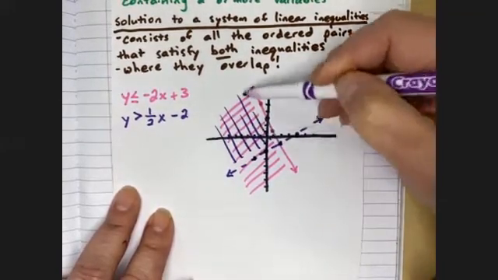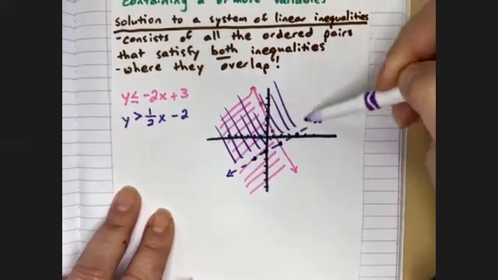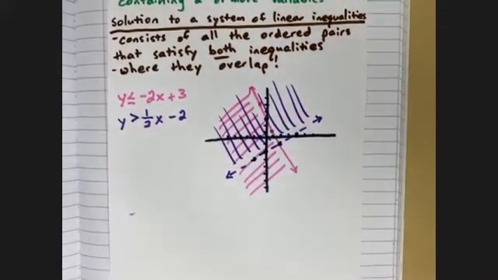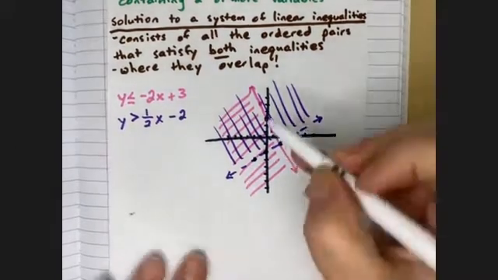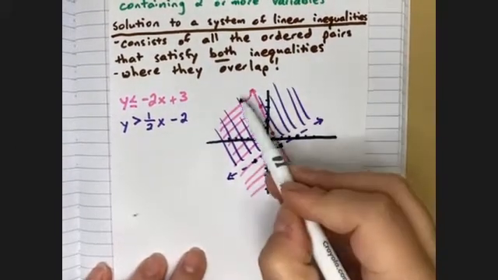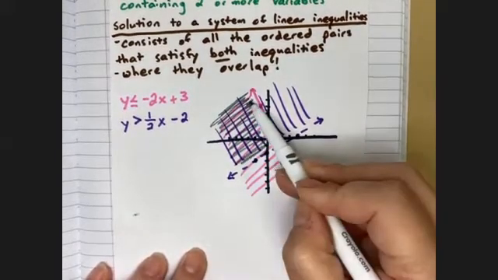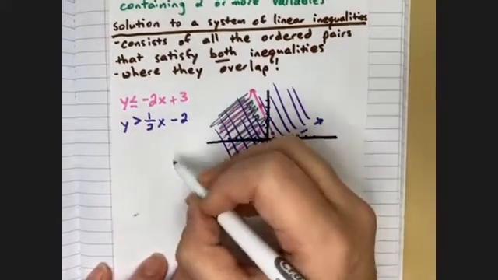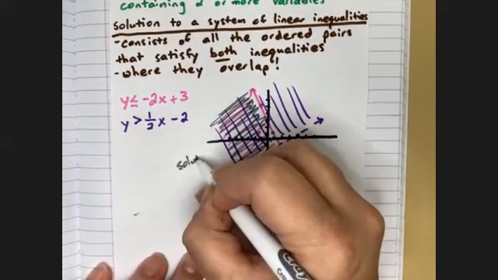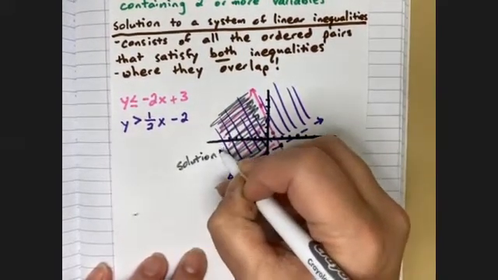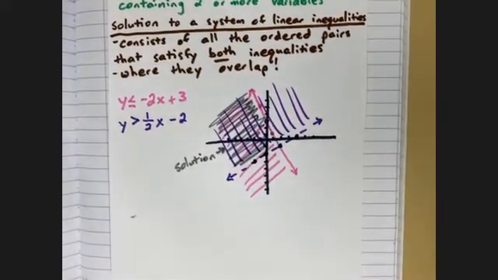So I'm going to shade above it. And you'll see that the solution is this area that's the double overlap, where the pink and the purple both are. So this is the solution, and it's all of the points in this area.